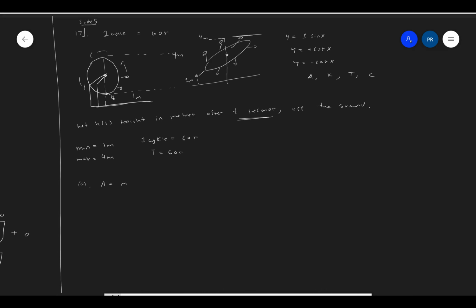The amplitude is the maximum minus the minimum divided by 2, which is 4 minus 1 divided by 2, which is 3 over 2, right? We also know that our horizontal axis, which we've labeled c, is the maximum plus the minimum divided by 2, which is basically 4 plus 1 divided by 2, which is 5 over 2.